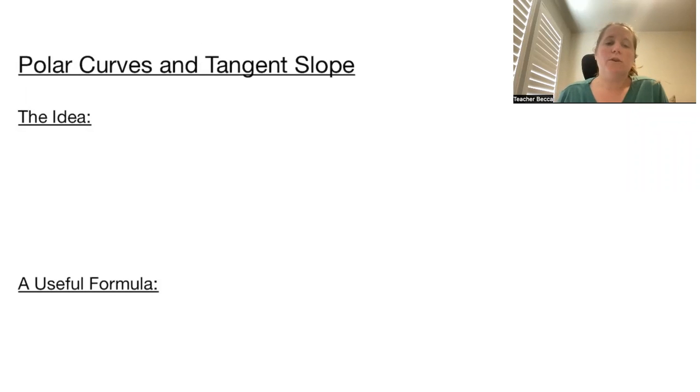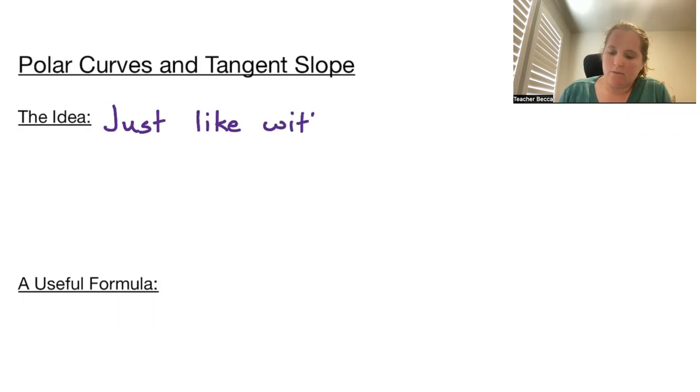Welcome to polar curves and tangent slope. So the idea here is just like with parametric curves, ultimately tangent slope needs to be dy dx.